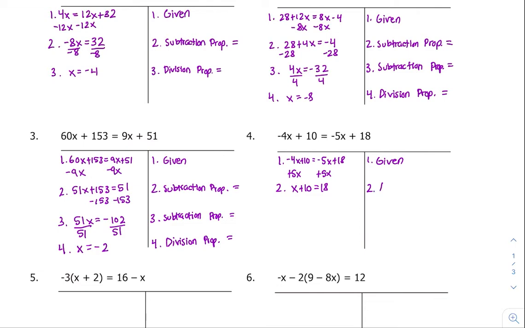Reason, we use the addition property of equality. Then we want the constants to go on the right-hand side, so I'm going to subtract 10 to both sides. So we get x is equal to 8. Reason, subtraction property of equality.